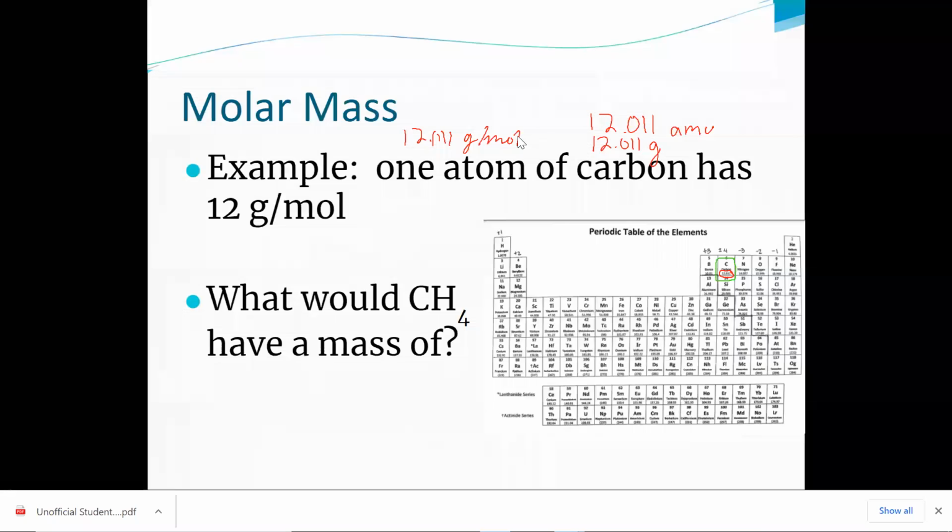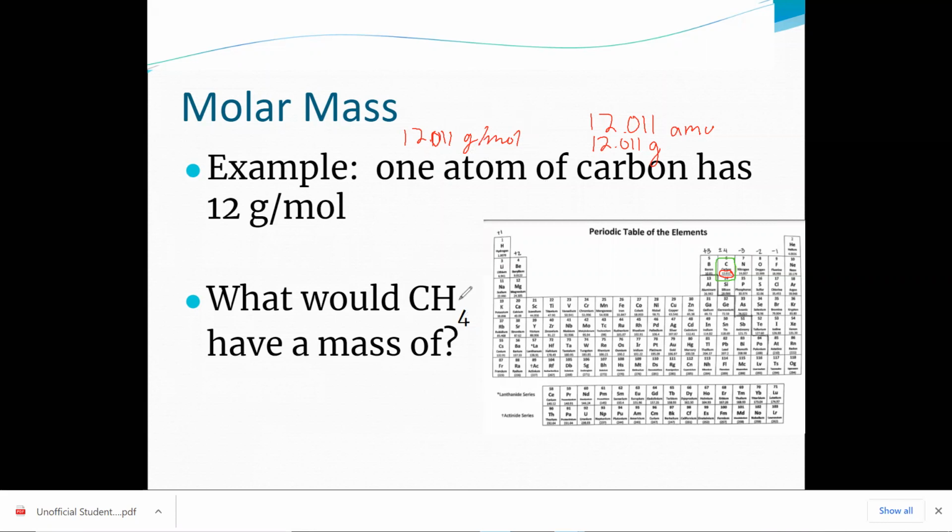So what this unit means is that in any 1 mole of carbon, you have 12.011 grams. And that sounds like a conversion factor to me, which is exactly what it is. You will find the conversion factors, how many grams exist in any 1 mole of any atom, on this periodic table, because it matches their mass number, okay?